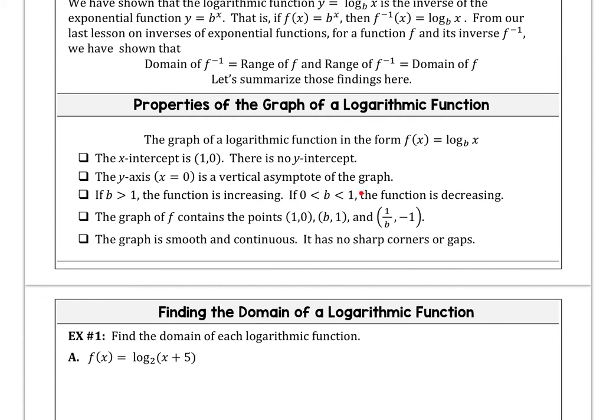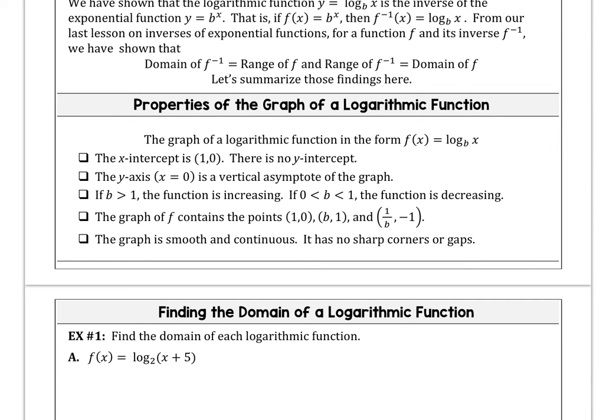If the base is a fraction between 0 and 1, we have a decreasing function. And we know that the key points contain (1, 0), (base, 1), and (1/base, -1). And finally, we know that the graph is smooth and continuous, and it has no sharp corners or gaps.